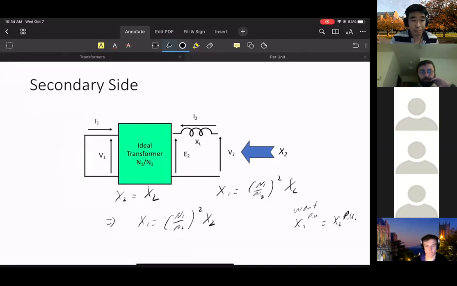We can still always throw away the transformer and pretend as if the transformer was never there. So that's what we want. Let's check whether this is true or not, and whether we can get rid of this N1 over N2 squared term.